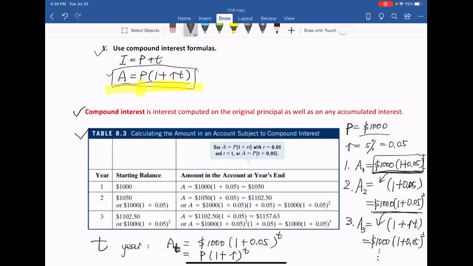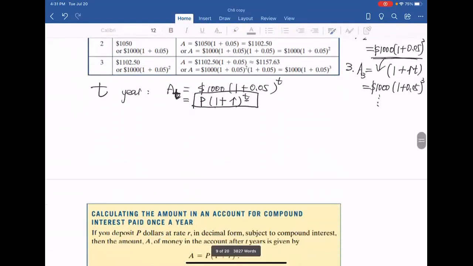After T years, I don't use the n because later you will learn the formula, and the n will confuse you. So at the end of the T-th year, the formula we get is P times (1 plus R) to the T. Okay, let's move on to the next part.